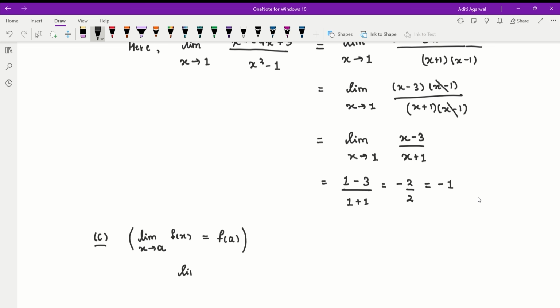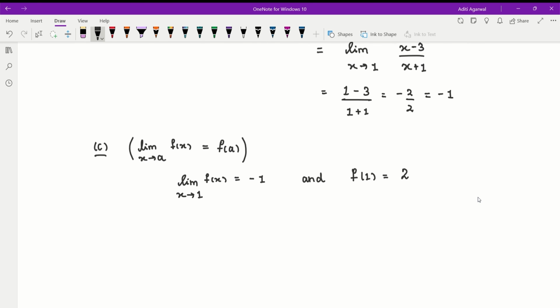So here we are getting limit x tending to 1, f of x as equal to -1, and the value of the function at 1 we just found out it is equal to 2. Now because both the values are not the same, the given function f of x is not continuous because the third property is not satisfied.